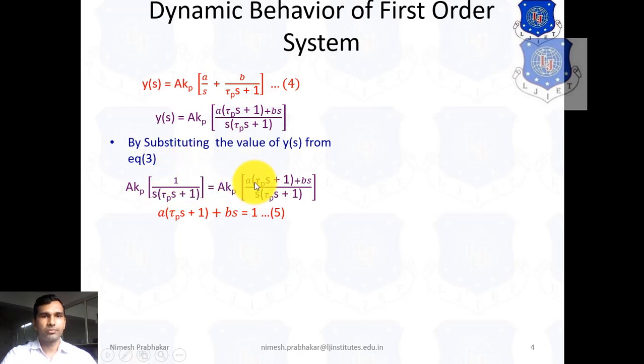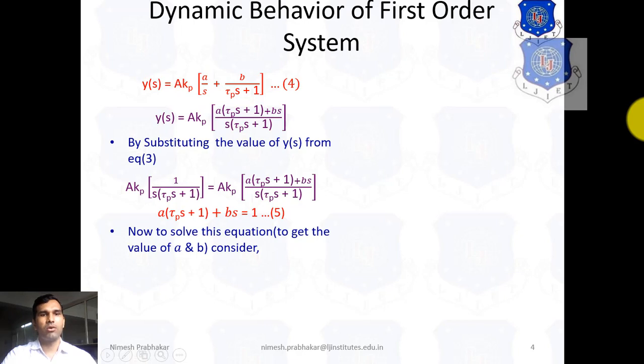To find the values of A and B, we consider s is equal to minus 1 upon tau p.